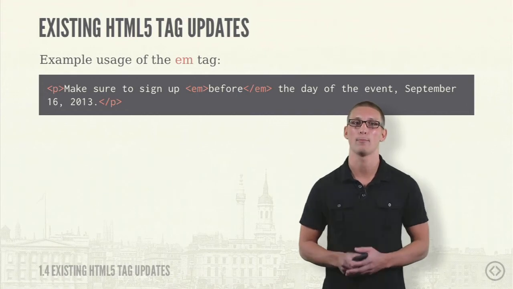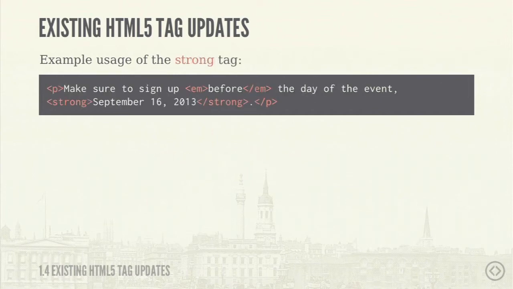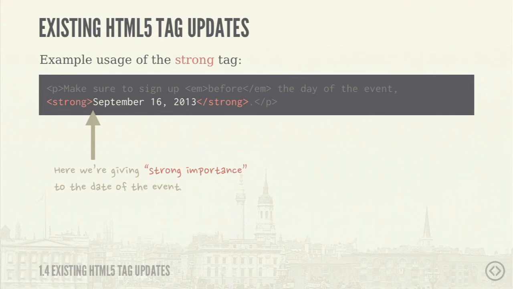We're wrapping the word before in an M tag in order to give stress emphasis to the word before. It's a linguistic change. For the strong tag, in that same sentence, we're wrapping the date September 16th, 2013 in a strong tag in order to give strong importance to the date of the event.